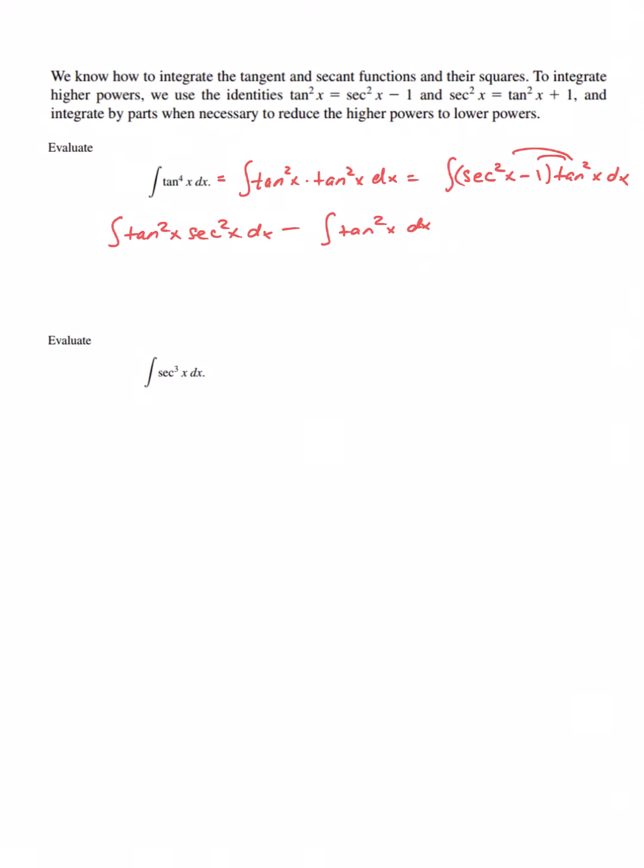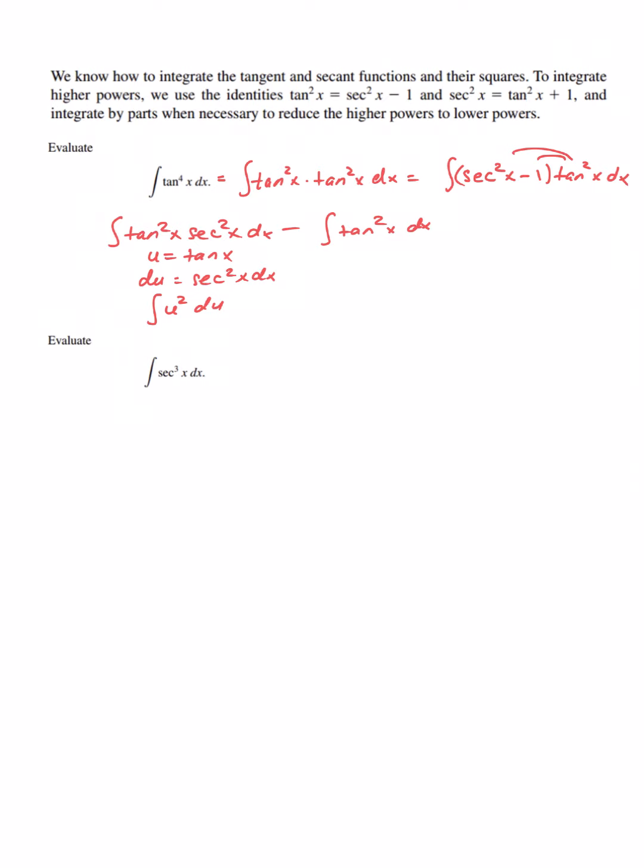For this first one, this is where we can do our u substitution, because if we let u be tangent x, then I know that the derivative of u is secant squared x dx. So it covers this up very nicely into u squared du, which you can then integrate.